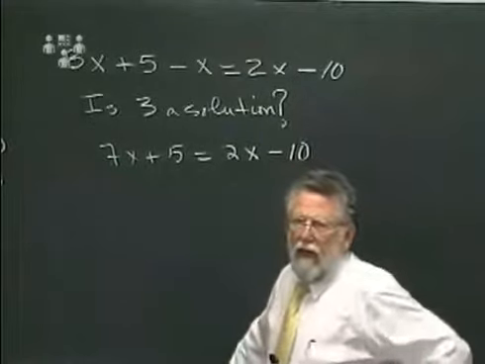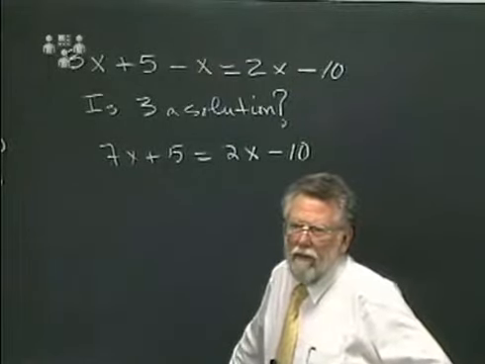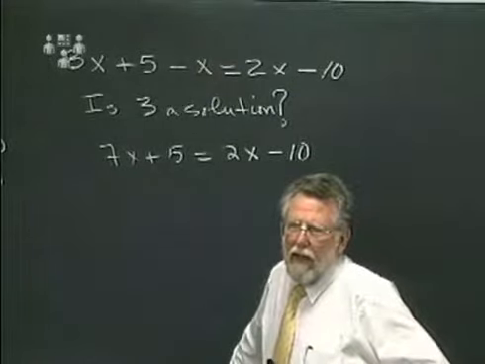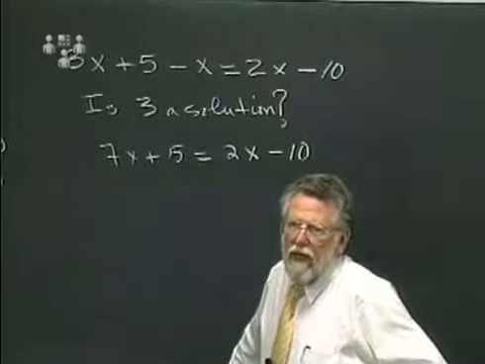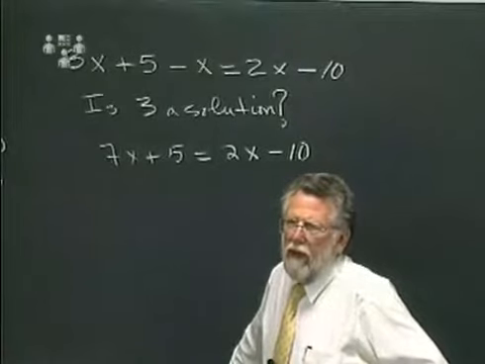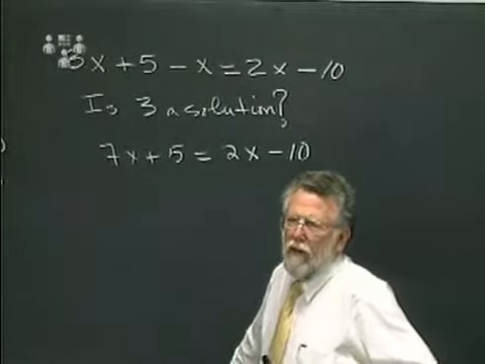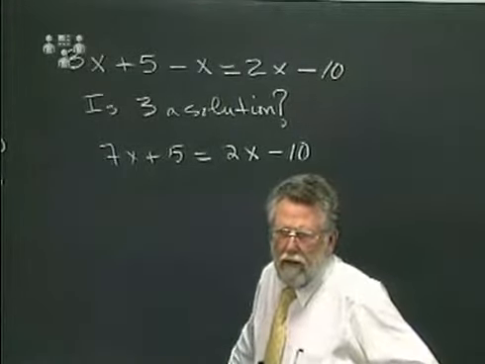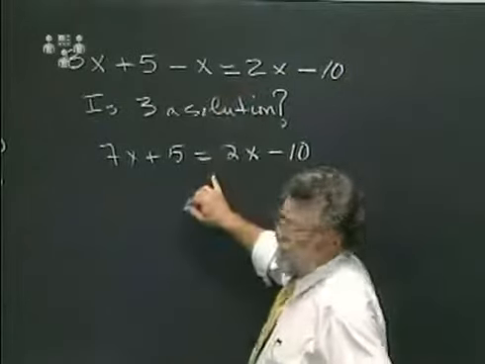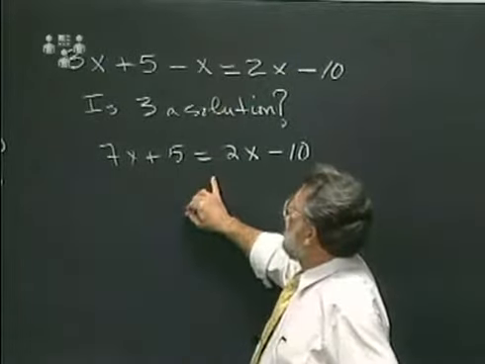Okay. Now, I want to know, is 3 a solution? And it's easier to do here than it is where? In the original form. You don't have to do this simplification, but it's not a bad idea.